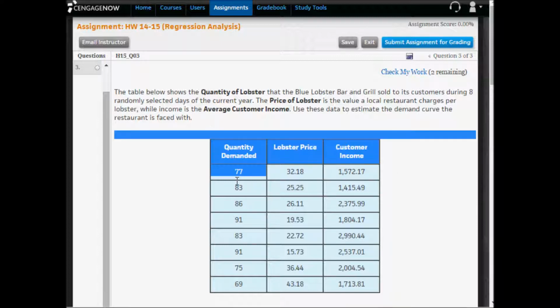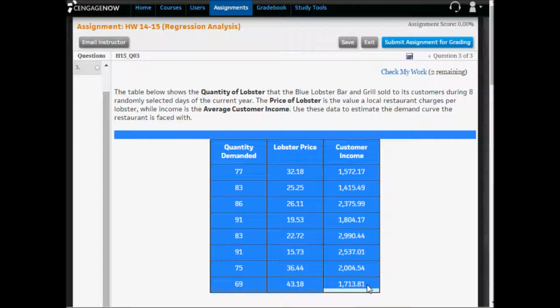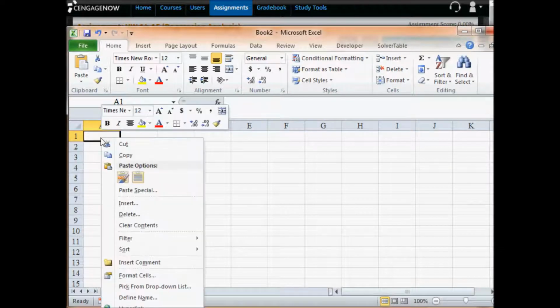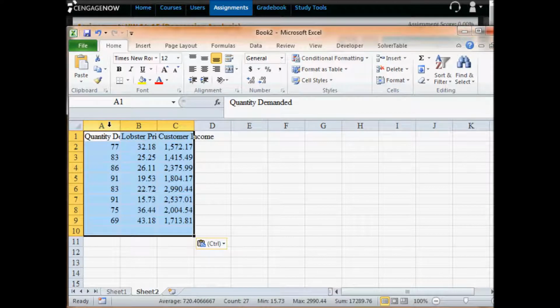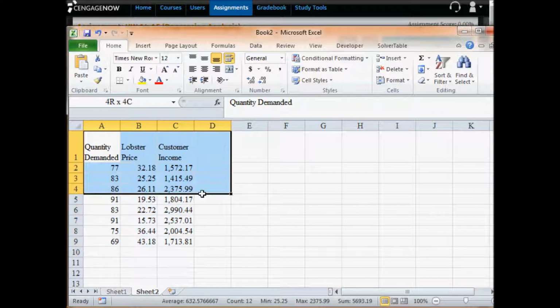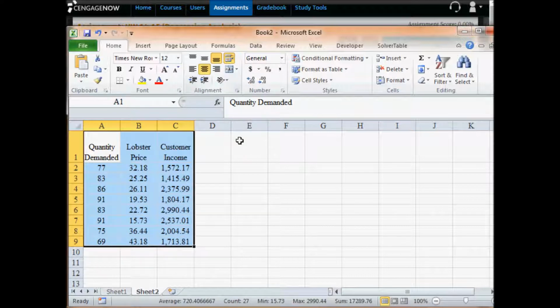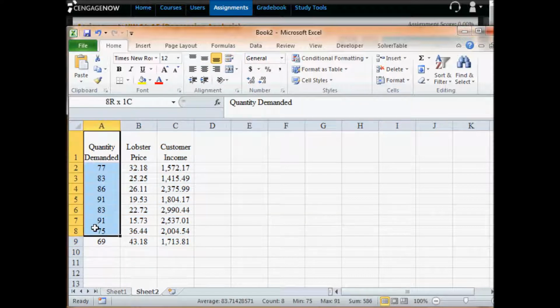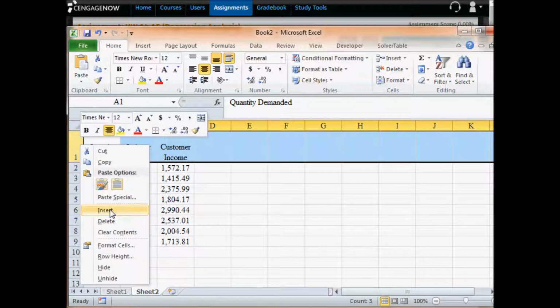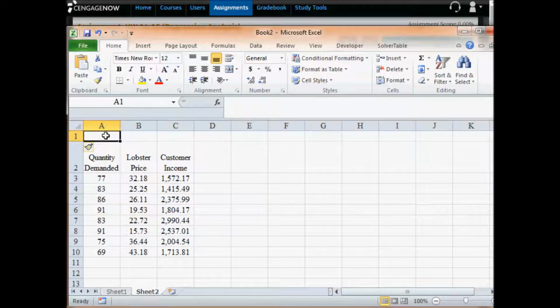So we're going to copy the data and paste it into Excel. Our Y variable is quantity demanded, how much people consume.